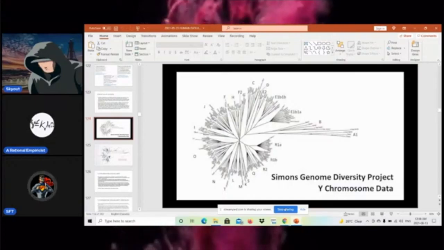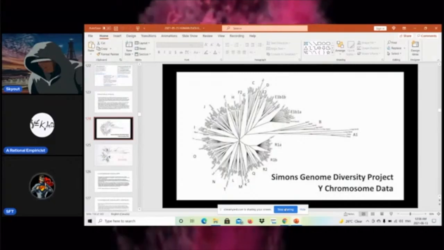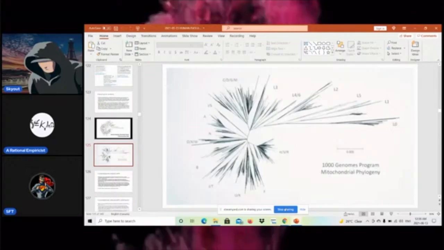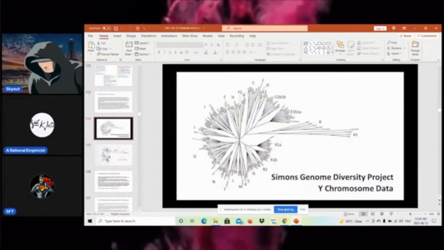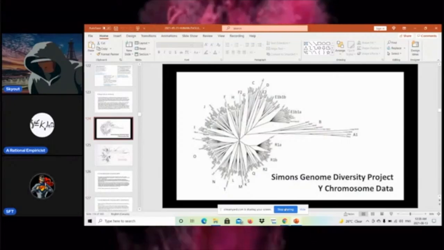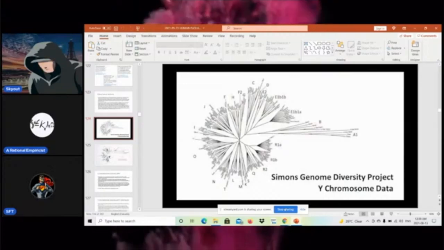Right. But my point is, and I've had so many debates on this that I'm confident about it, mitochondrial DNA phylogeny and Y chromosomal DNA phylogeny of humans demonstrate that we've only got a few hundred generations max.